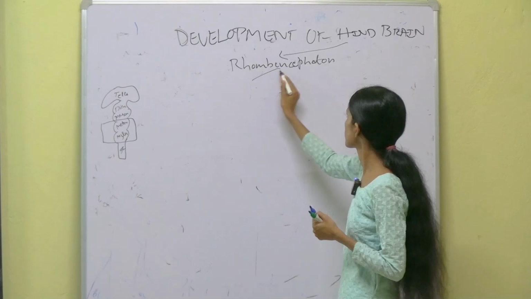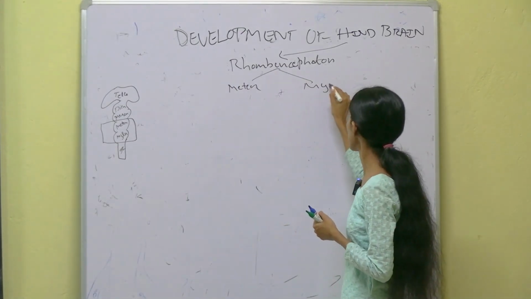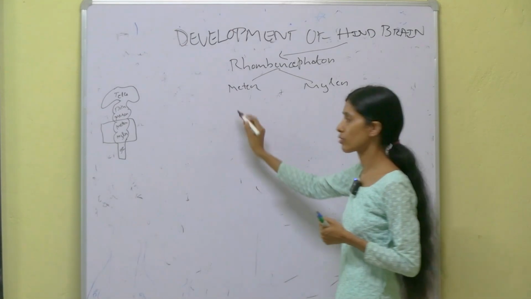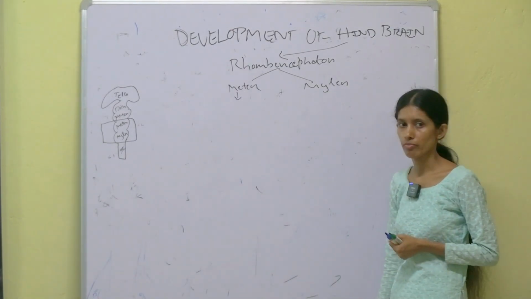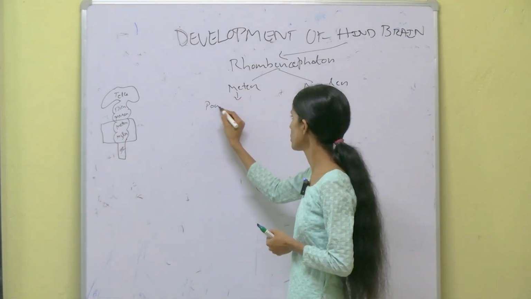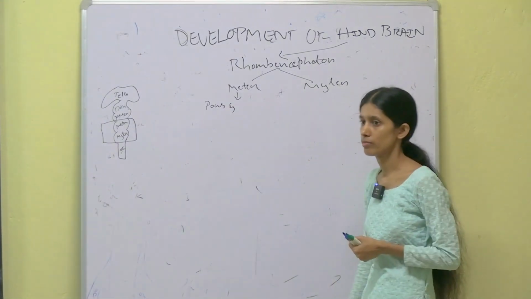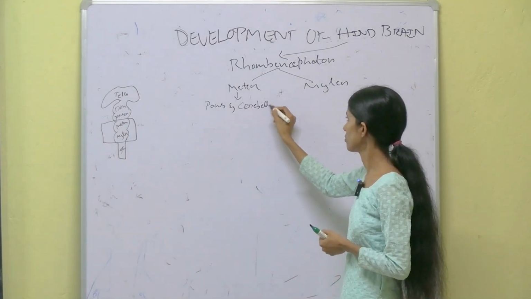That is your metencephalon and myelencephalon. Your metencephalon will give rise to which structures? Pons, and it will give rise to pons and cerebellum.